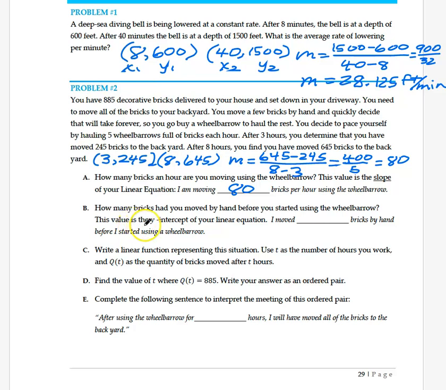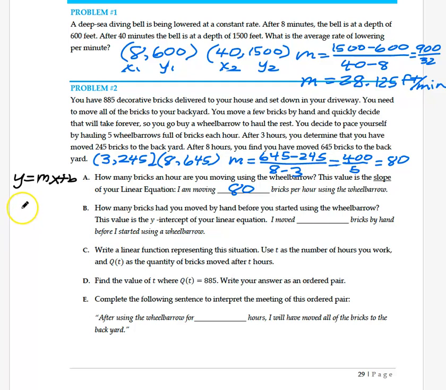Then part B, how many bricks had you moved by hand before you started using the wheelbarrow? So this value is the y-intercept of your linear equation. So let's think about this. Remember, we know that we have this formula, y equals mx plus b, where m is the slope and b is the y-intercept, and x and y is any coordinate along that graph.